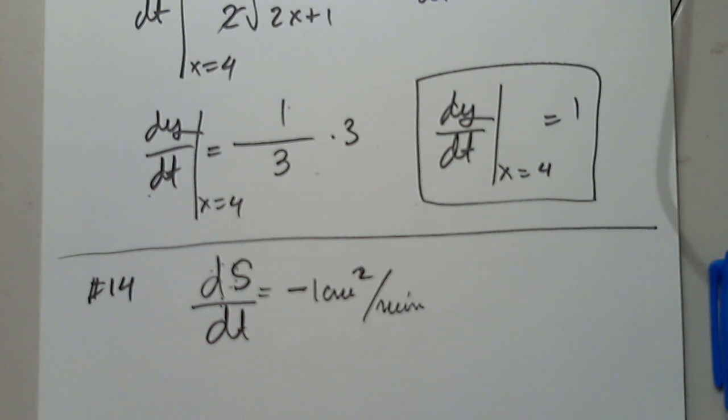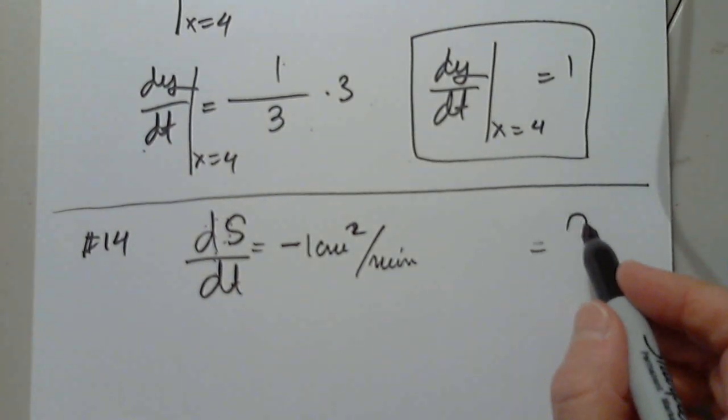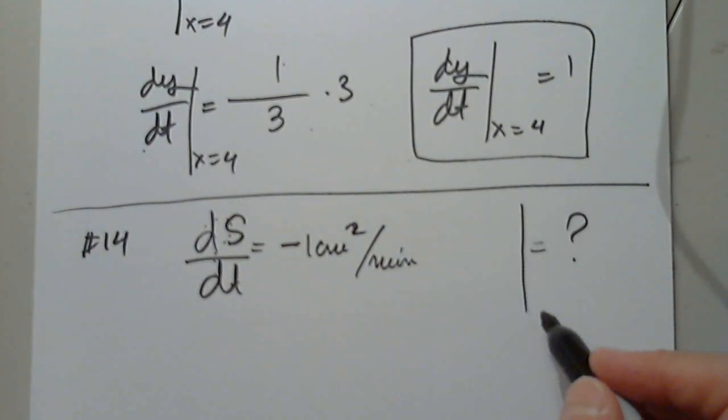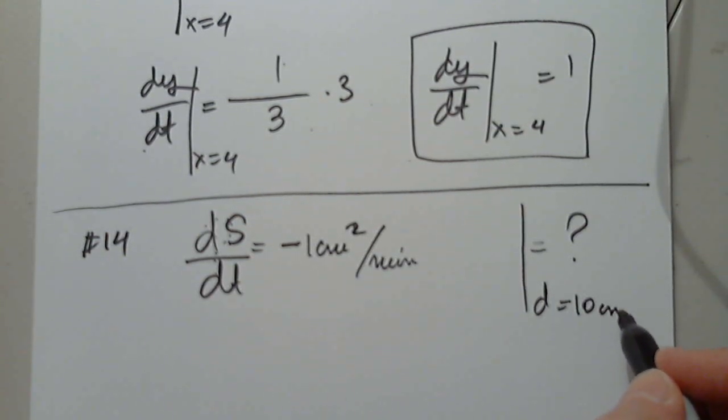Because it says decreases, I have to put a negative sign. Now, find the rate at which the diameter decreases when the diameter is 10 centimeters. Find the rate when the diameter is 10. So what is this? One more time.